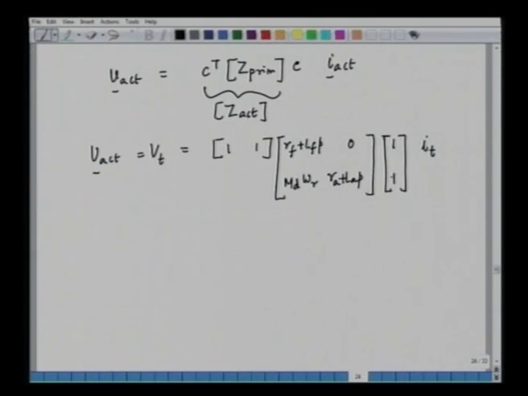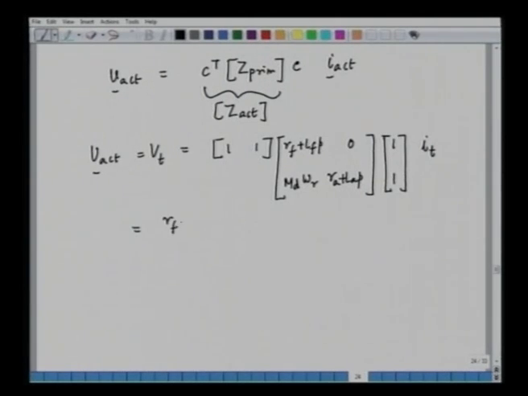So this equation is the equation of the DC series motor in actual variables. Now we can simplify this because this is a matrix equation. So if we simplify this, we can pre-multiply and see what happens here.